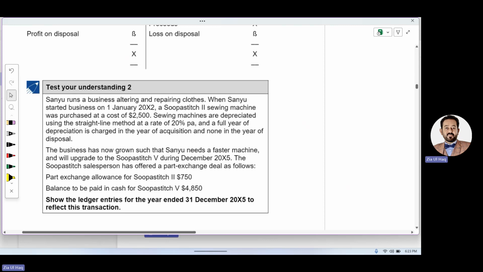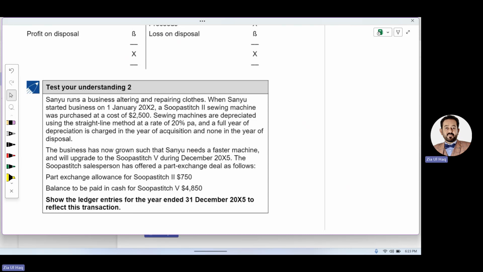Sanyu runs a business altering and repairing clothes. When Sanyu started the business on 1st January 20x2, a Supastitch 2 sewing machine was purchased at a cost of 2,500.